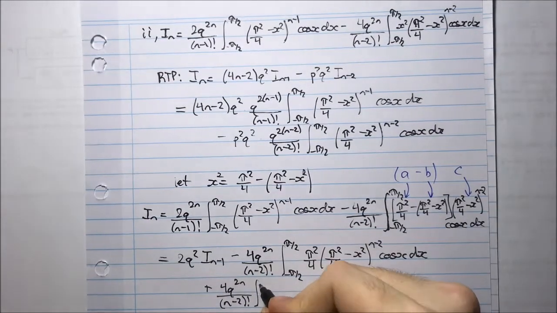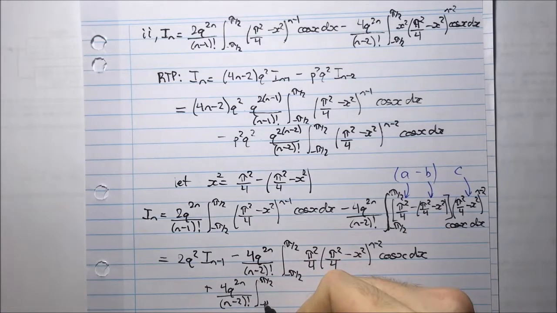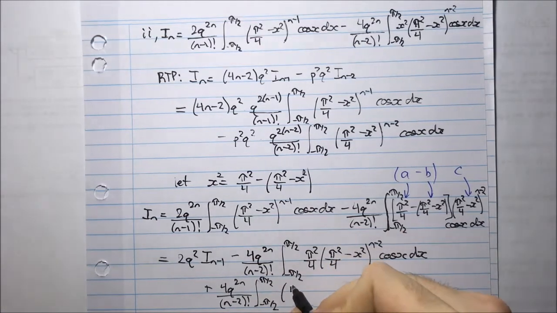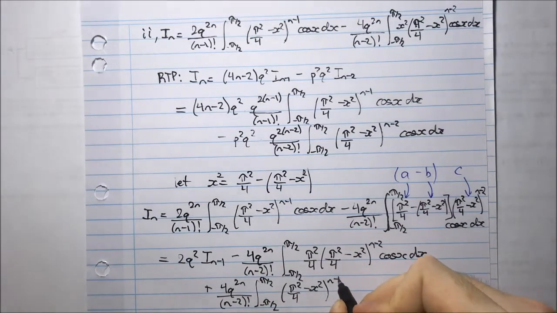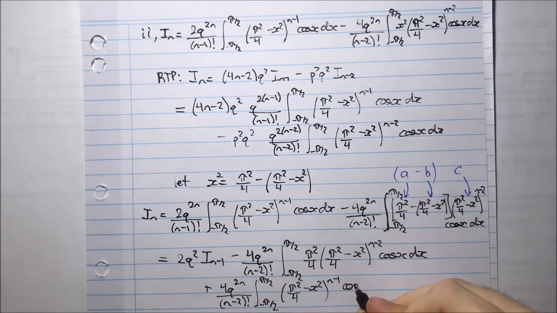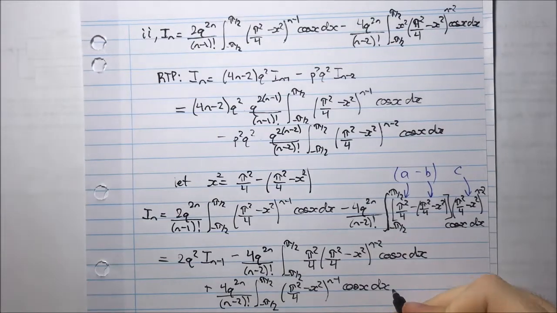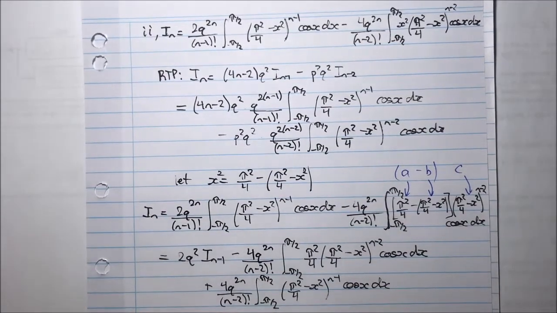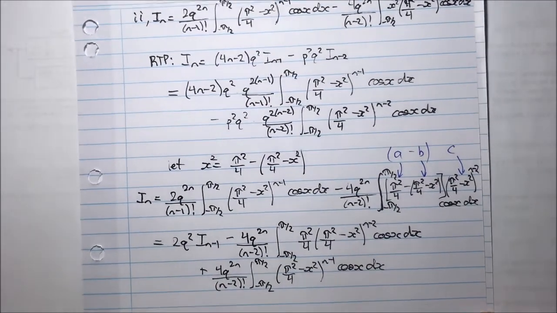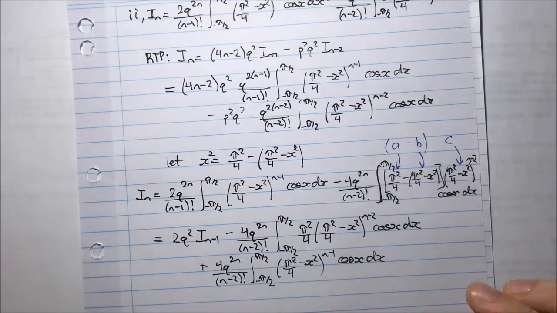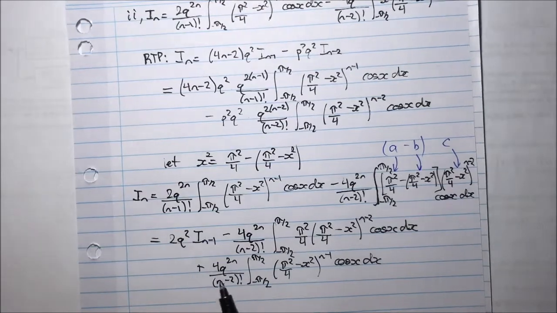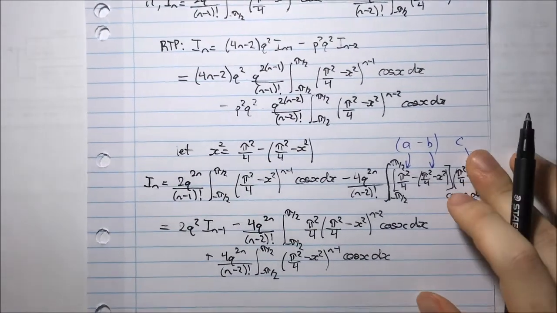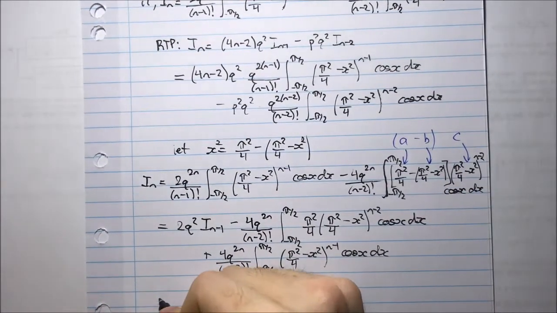So my integral is going to be pi squared on 4 minus x squared to the power n minus 1 multiplied by cos x dx. Okay? Right, so now we need to try and write these expressions in terms of I_{n-1} or I_{n-2}.